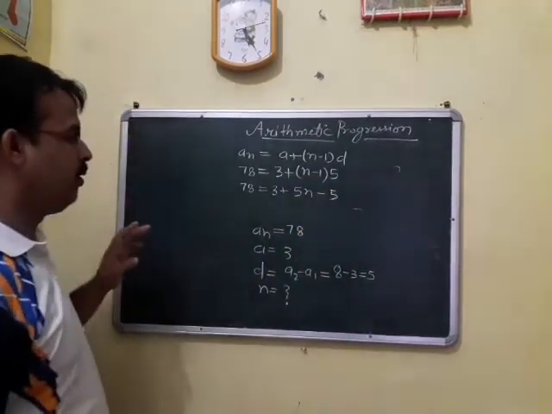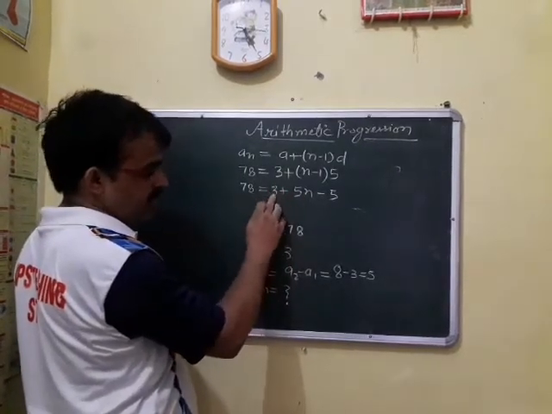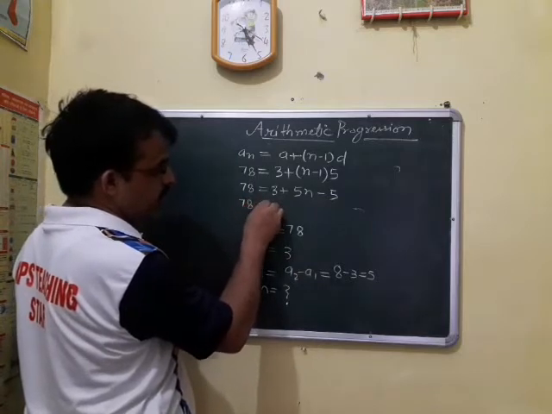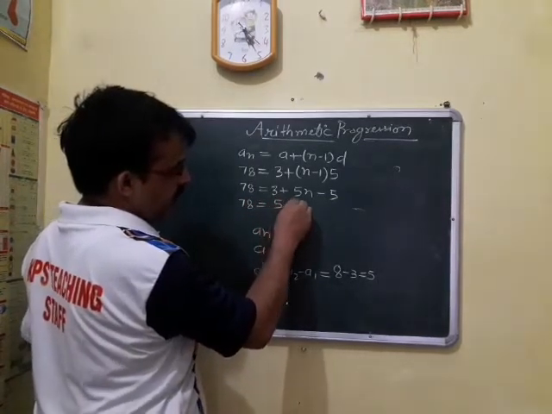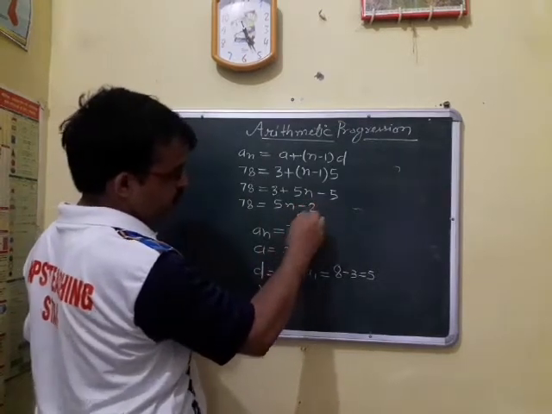Clear? Now look, 3 and minus 5, we get 78 is equal to 5n minus 2.